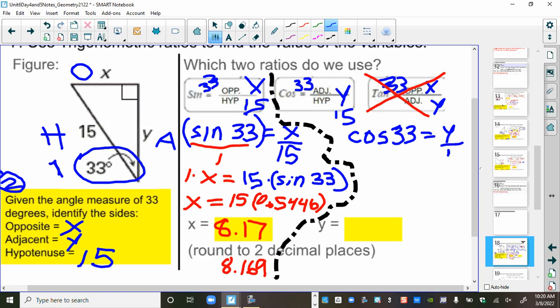And do we necessarily need the over 1? Do we need that? No, you can get rid of it. And then, because in the end, you multiply both sides by 15. Multiply both sides by 15.